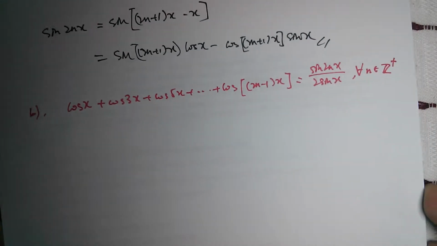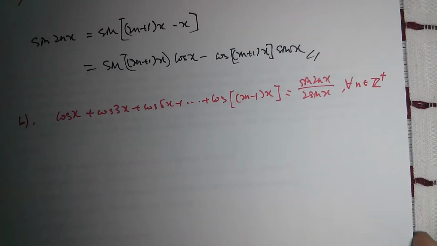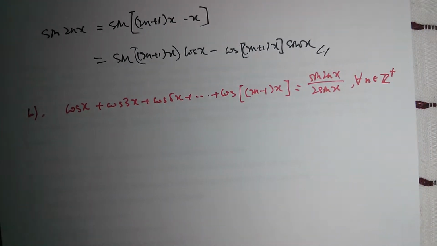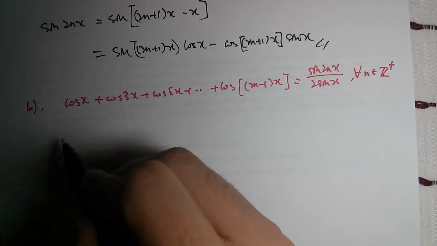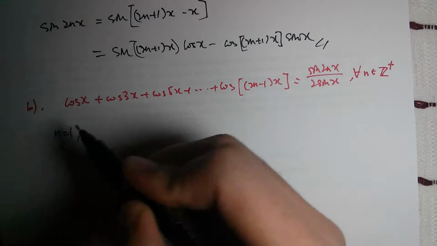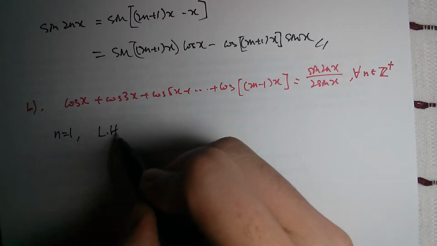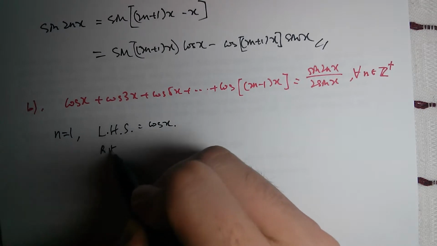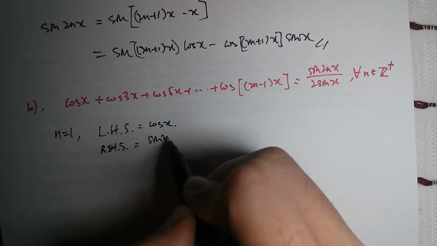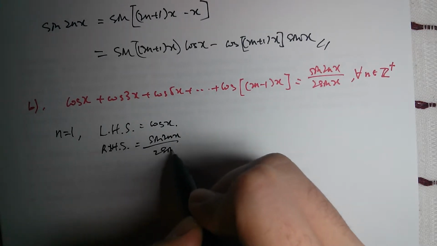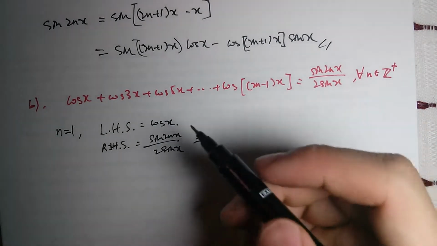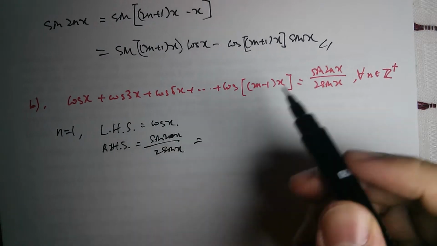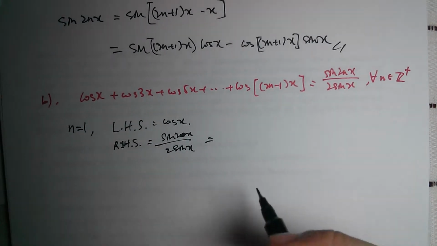Okay, so let's do this induction. The first step, as always, I want to prove the case of n equal to 1. The left-hand side is obviously just cosine x. The right-hand side is sine 2nx over 2 sine x, and while n is 1, it's just sine 2x.